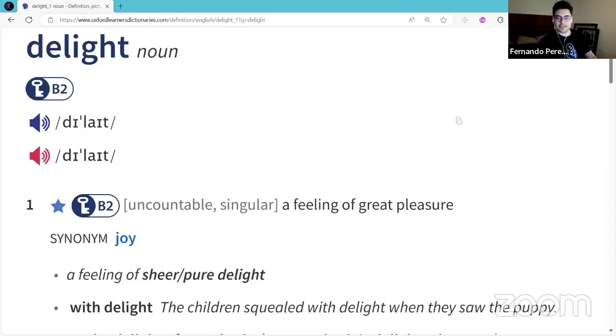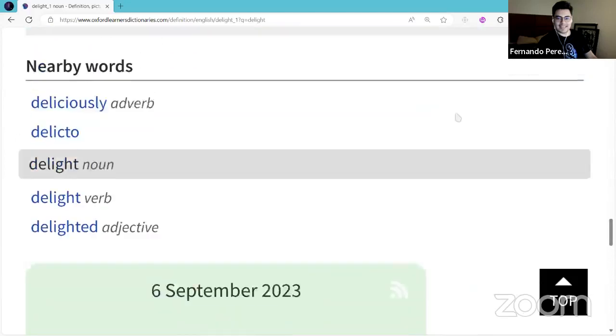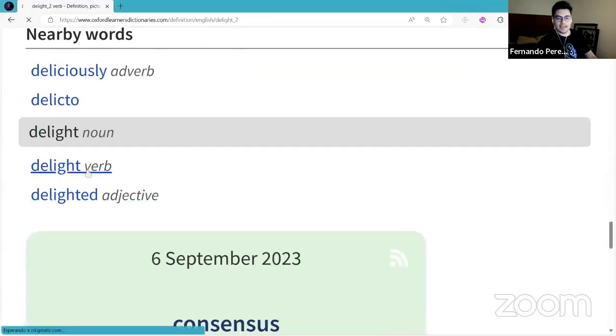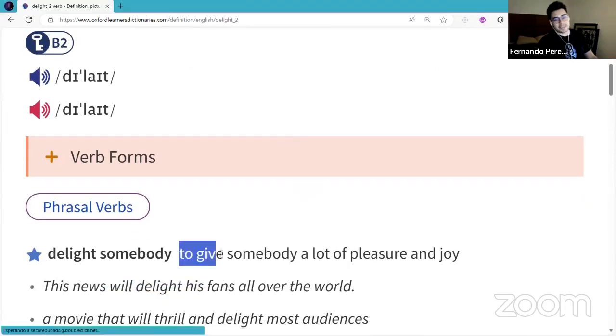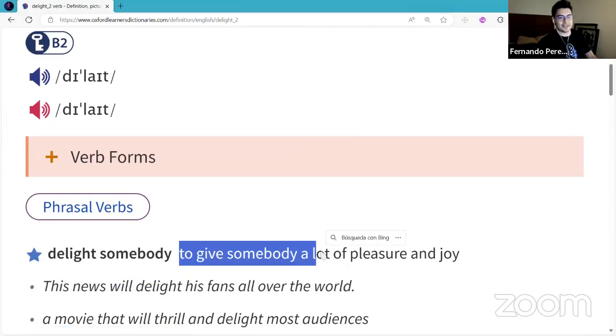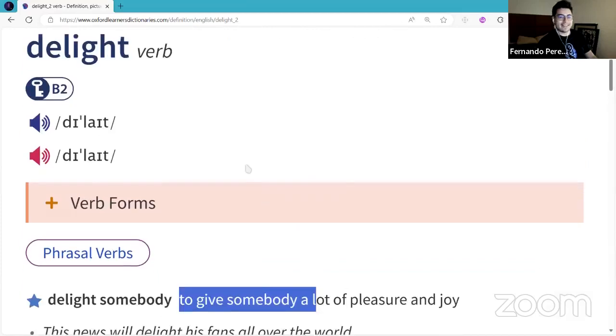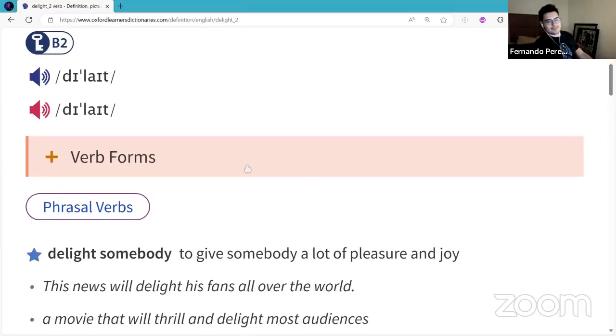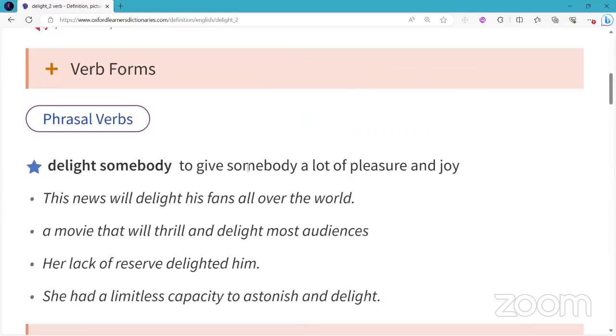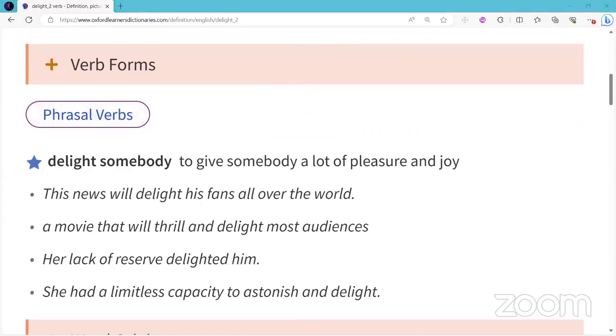And this is a noun, actually. If we say that delight as a noun is a feeling, but then if something gives you this pleasure, then this something delights you. Look at the examples. I heard before the word delightful.